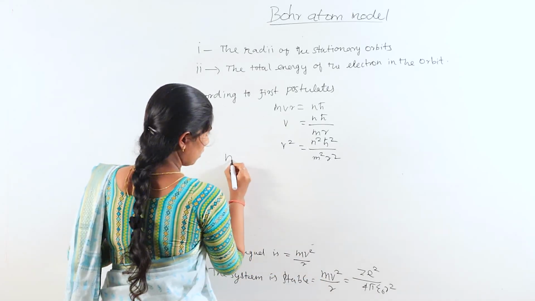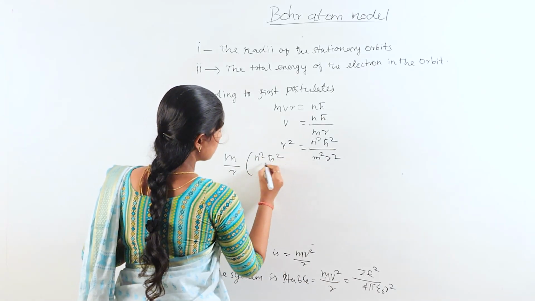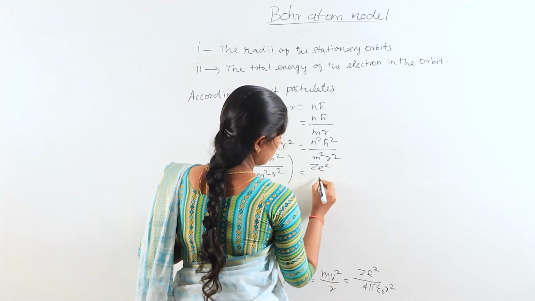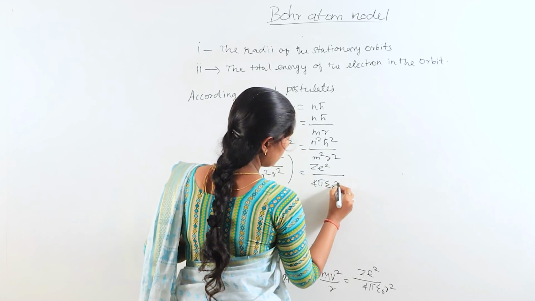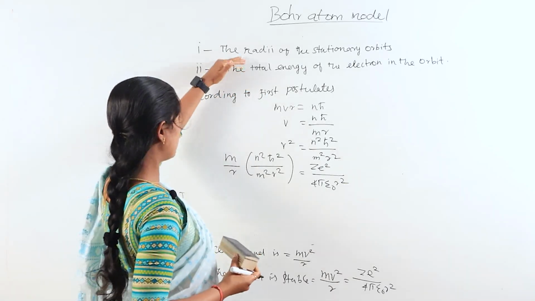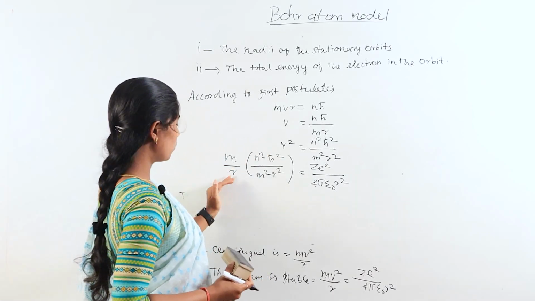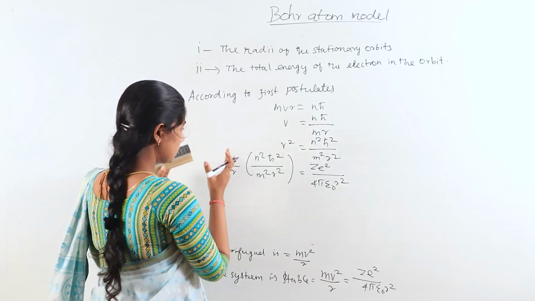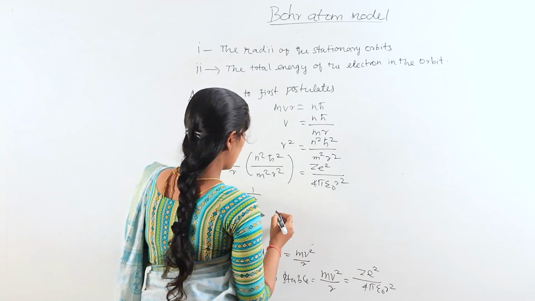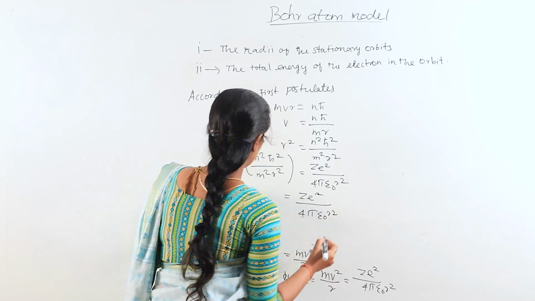See here, m times v square, n square h cross square divided by m square r square, is equal to Z e square by 4 pi epsilon naught r square.